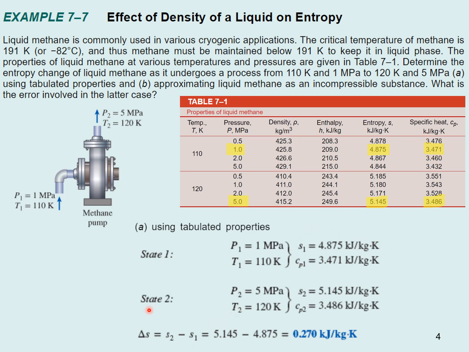We can do the same thing for state 2, 5 million pascals, 120 Kelvin. We can get the corresponding entropy and specific heat for that as well. And so we can directly apply the equation. Delta S is S2 minus S1. We subtract the entropy values and determine it's 0.270 kilojoules per kilogram Kelvin.